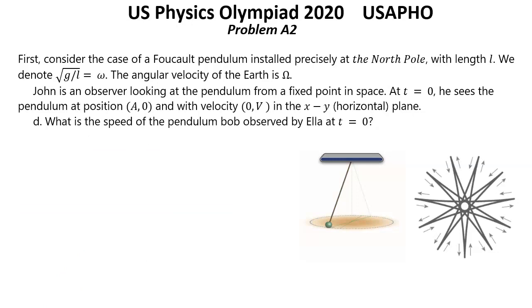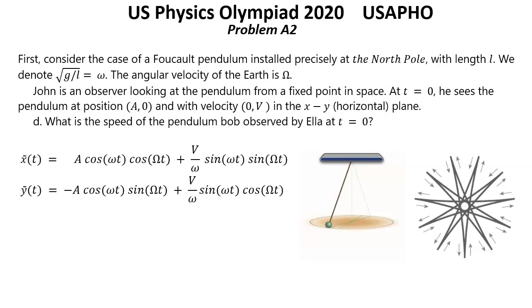Question D. What is the speed of the pendulum bob observed by L at time t equals 0? Solution. In the previous question C, we found that the coordinates x tilde and y tilde in L's frame of reference are like this.